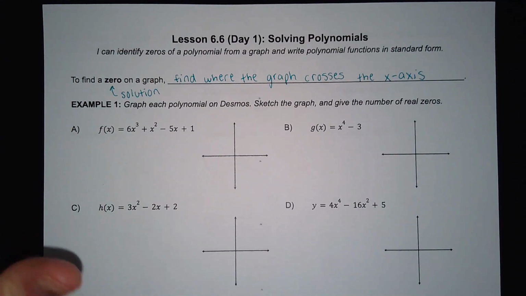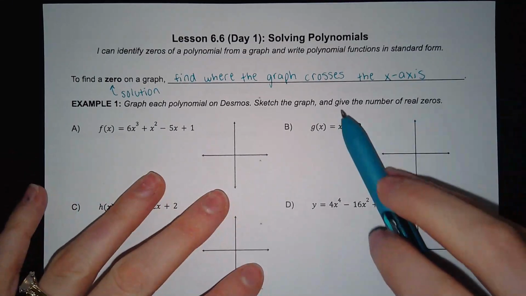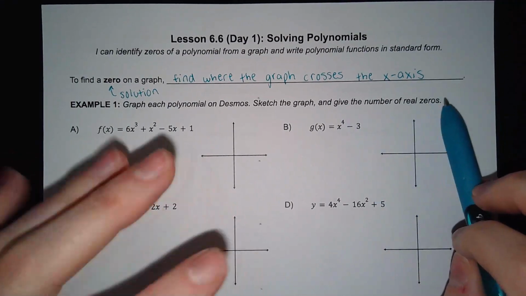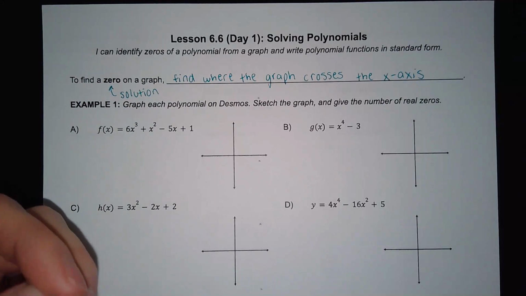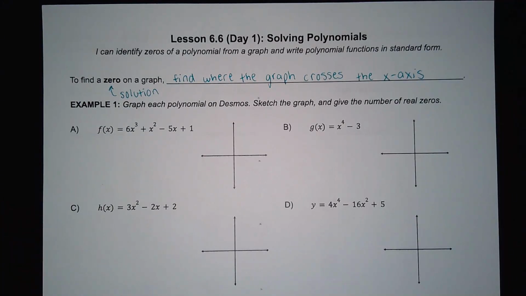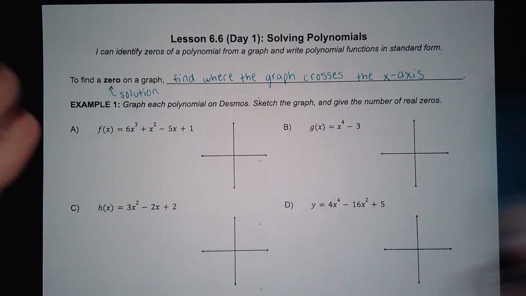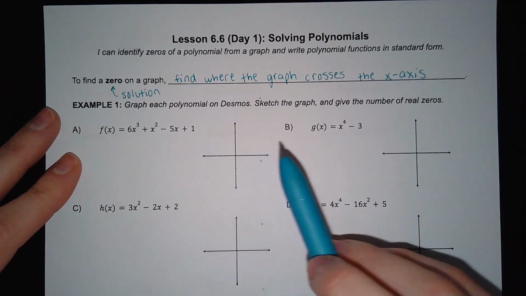Now, today we aren't even going to really find the specific numbers. All we're going to do today is just give how many zeros we see. So really all we're doing is just looking at how many times this graph crosses the x-axis.